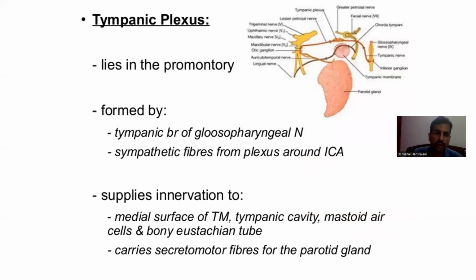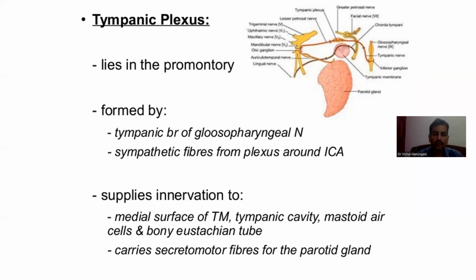Now to the tympanic plexus. The tympanic plexus lies on the promontory and is formed by the tympanic branch of the glossopharyngeal nerve, and also gets sympathetic fibers from the plexus around the internal carotid artery.